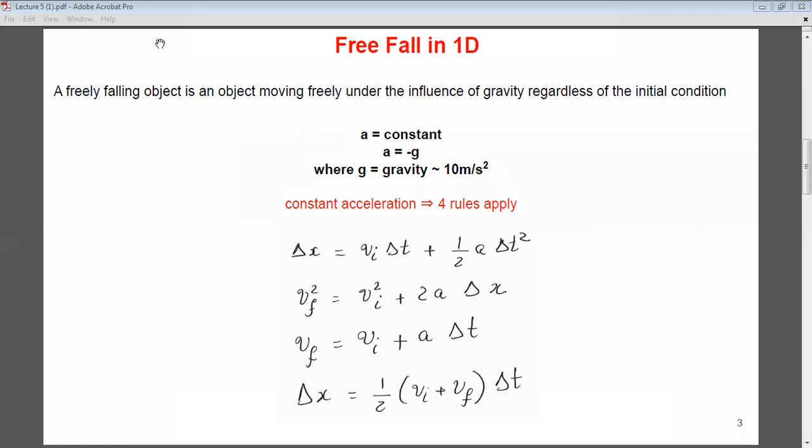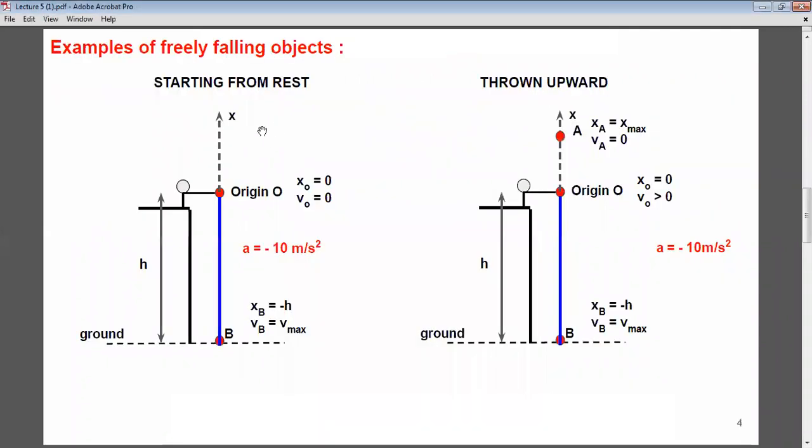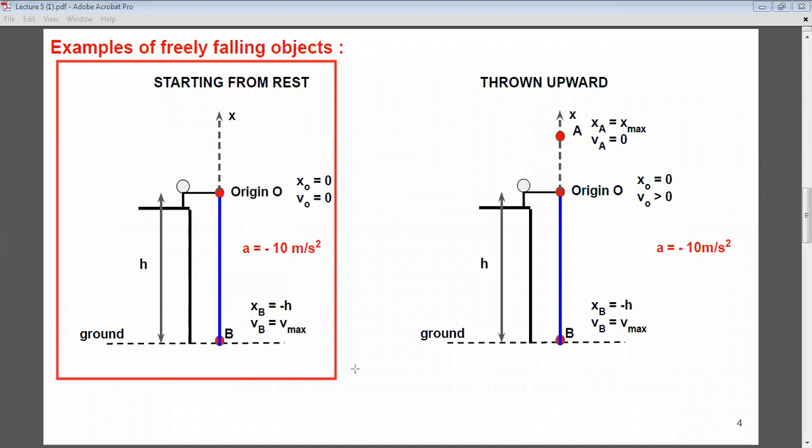There are two ways for the free fall to happen. It can either start from rest. So we are discussing this first condition: it starts from rest. Imagine that this is a person standing at a height h from the ground, and he drops an object from the original position.